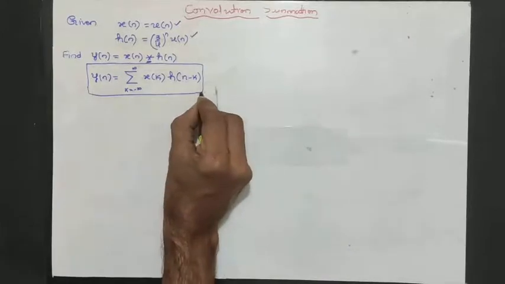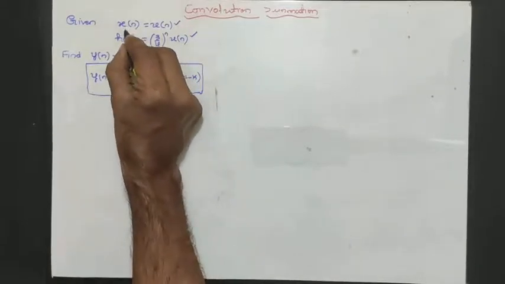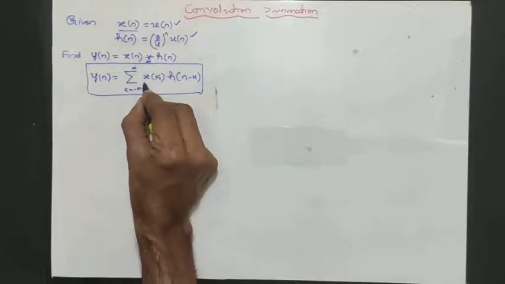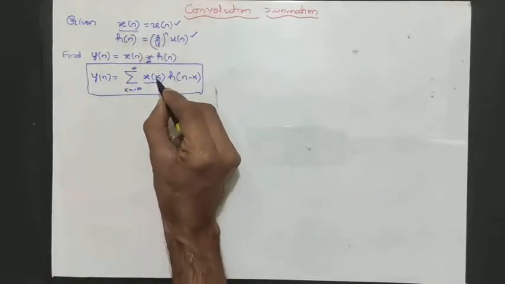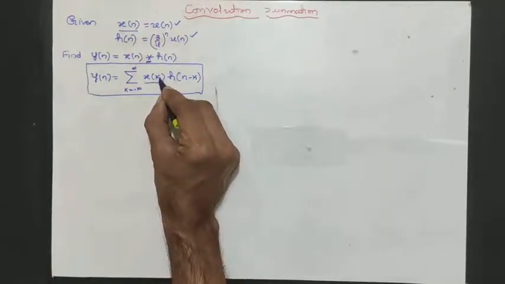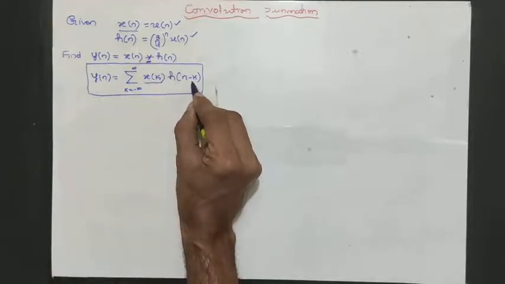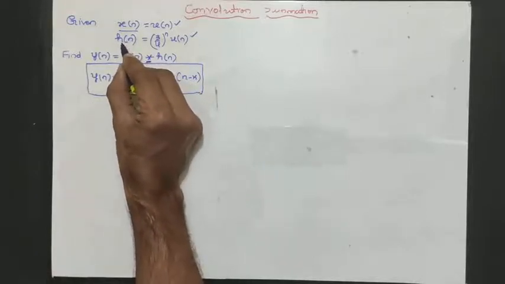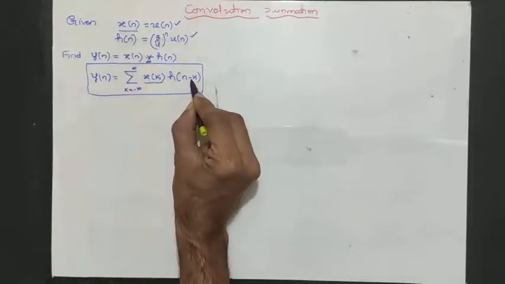If you observe this formula, first x of n is given, you have to convert it into x of k. Very simple. Wherever n is there in the x of n equation, you replace it with k. That's all. Second, h of n minus k. Meaning, whatever h of n is given, in place of n, replace it with n minus k.